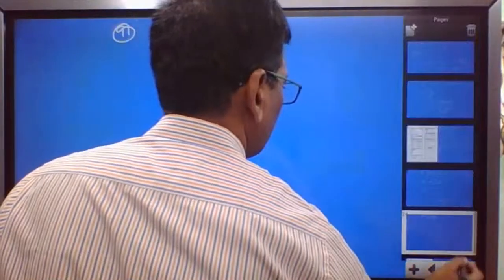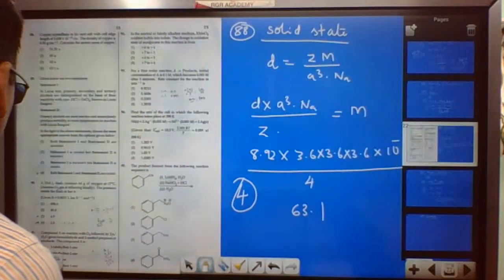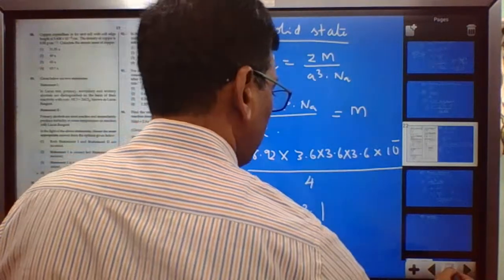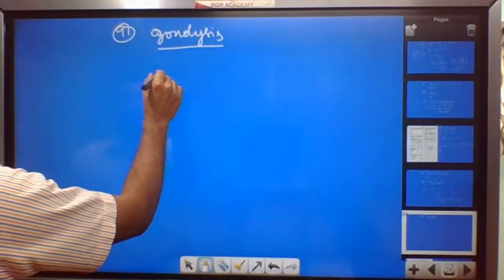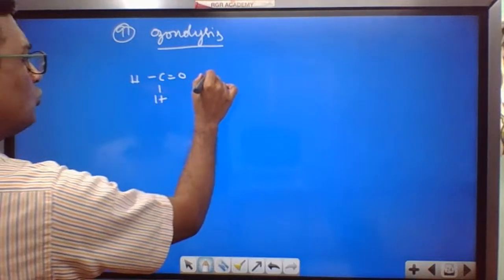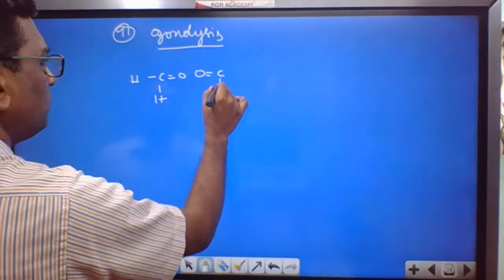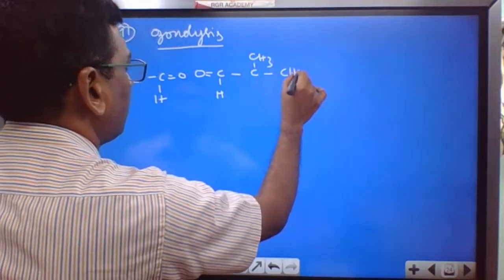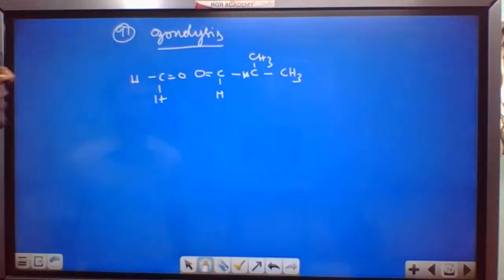So, what is the question they asked? Compound X on treatment with O3 followed by zinc and water gives formaldehyde and 2-methyl propanal as products. The compound X is? First you have to check that. This is formaldehyde and 2-methyl propanal.